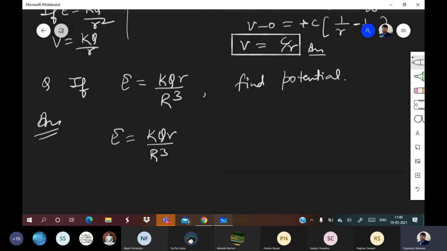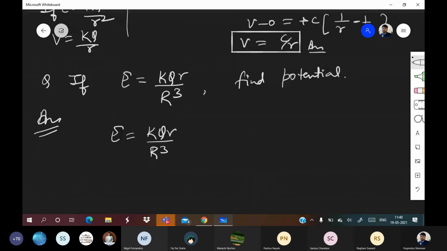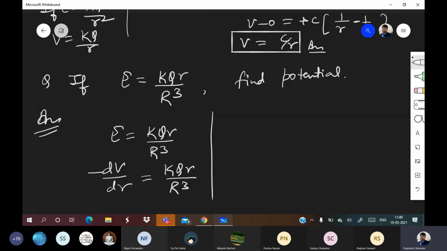So minus dV upon dr is equal to KQR upon R cube. So dV is equal to minus KQ upon R cube into R dr. Integrating both sides.